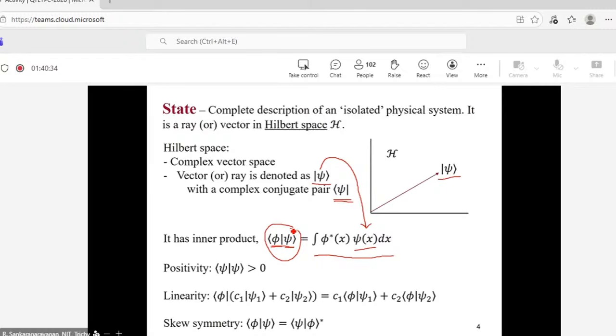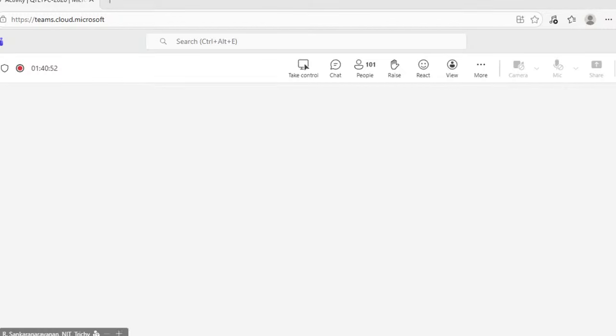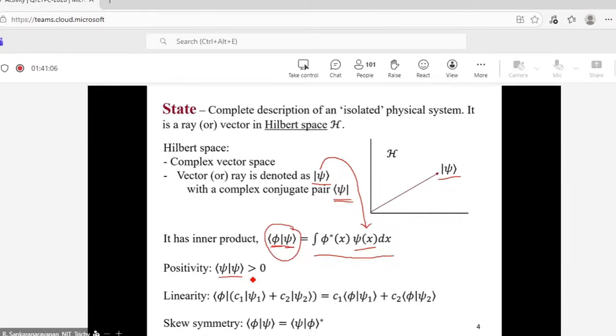The inner product is something like the dot product of real vectors a and b, where you define a dot b in the real vector space. Something similar to that, we define the inner product of two vectors psi and phi in this way. The inner product of psi with itself is a positive quantity, and it obeys what is called linearity.